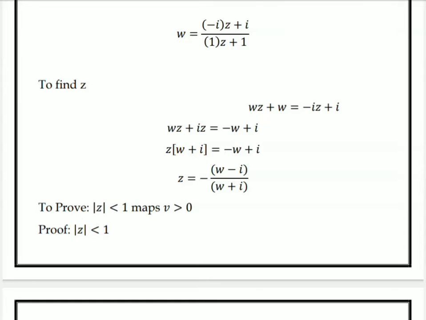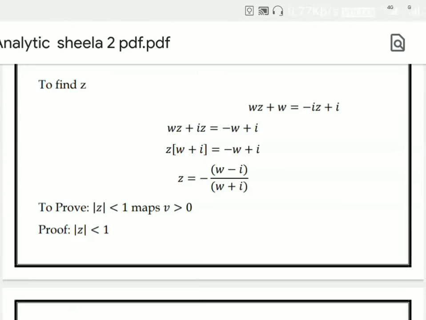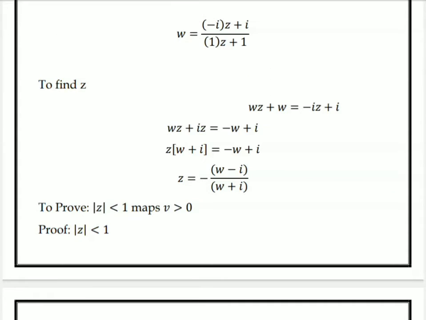That is WZ plus W equals minus I plus I. Okay, so this term will be on one side, the term W on another side, and the remaining term on the other side. So Z equals minus (W minus I) divided by (W plus I).